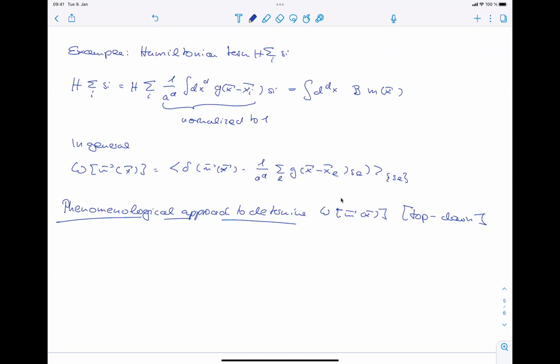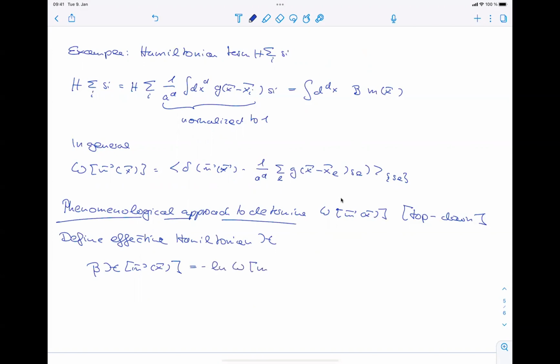And so how we do this is we define the weight by an effective Hamiltonian. So we say, okay, there is an effective Hamiltonian, and if I take the logarithm of it, this is actually defining my weight here.